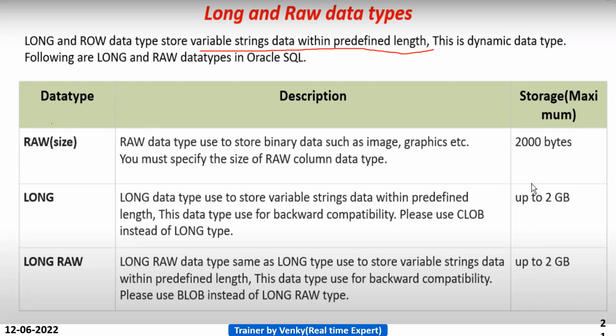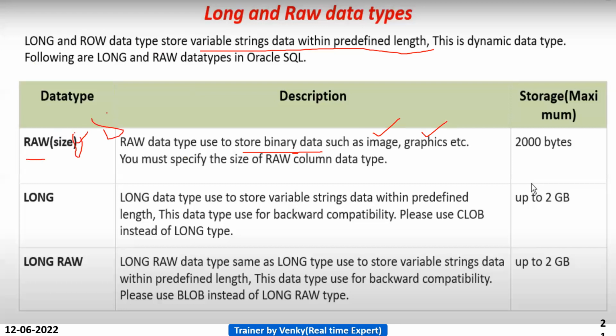We have to declare the column by using RAW. Long and raw data types are also used to store binary data. Binary data is nothing but image, graphics, videos, text, audio, those things. For raw data type, you must and should declare the size.